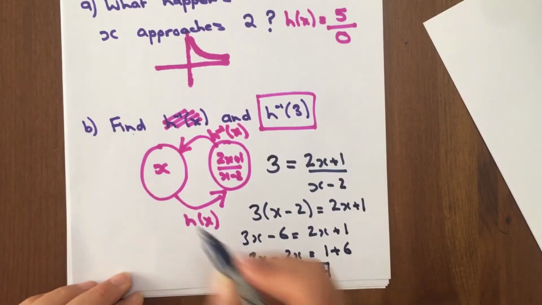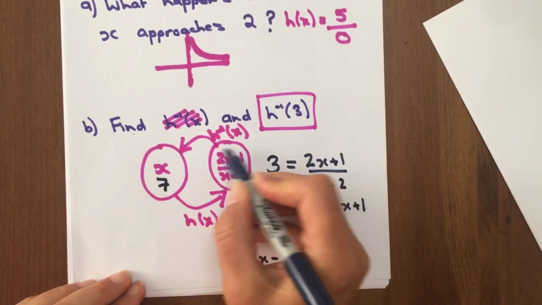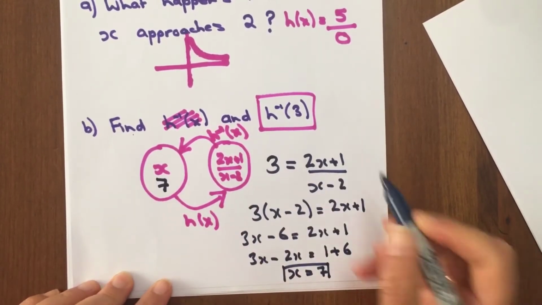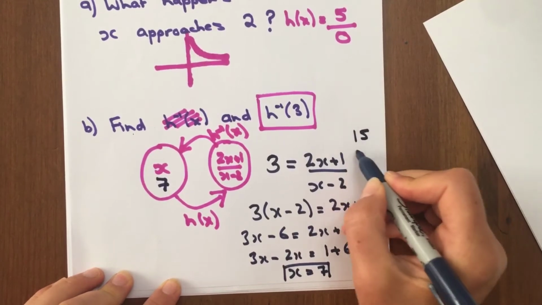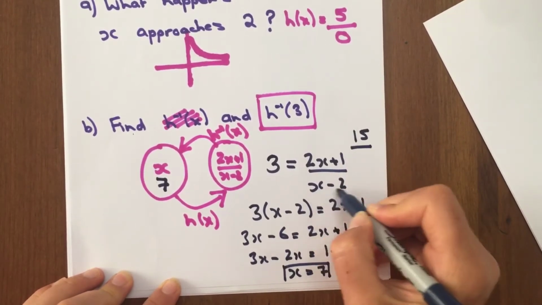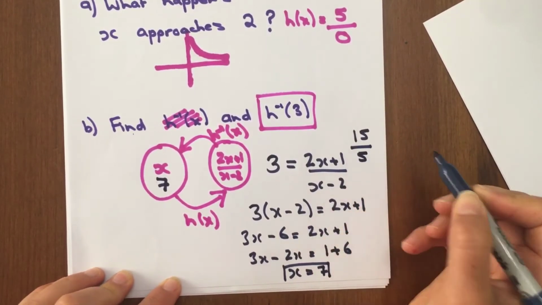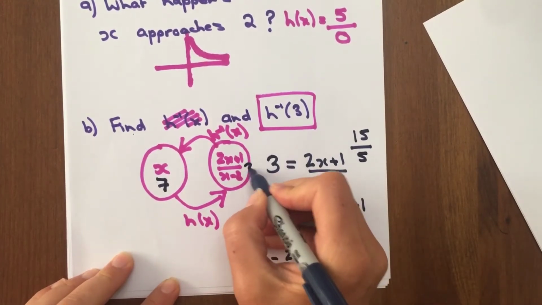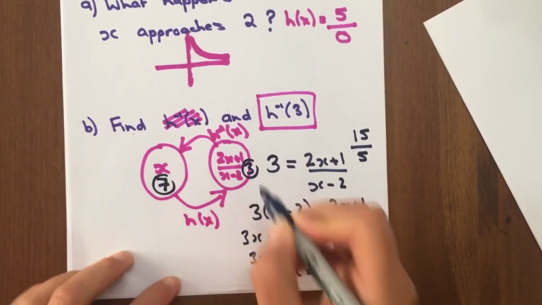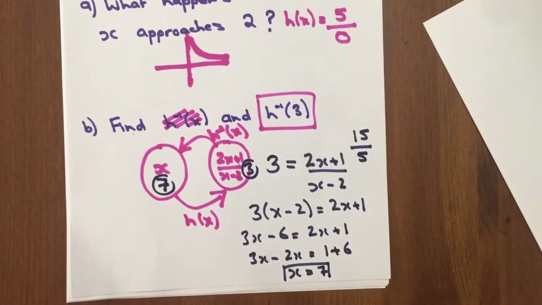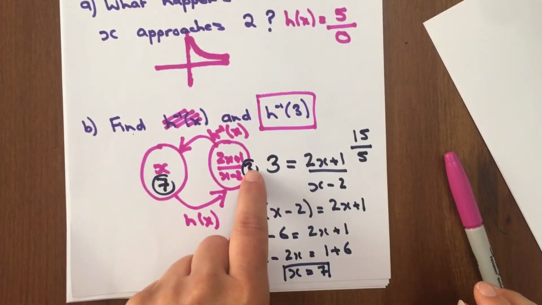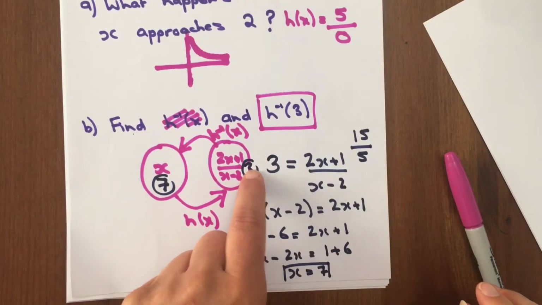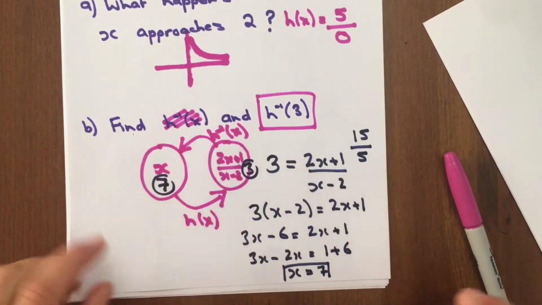Let's just check that: 14, I get 15 on the top, and I get 7 minus 2, 5 on the bottom, which gives me 3. So when 7 goes in, 3 comes out. The inverse function, i.e. if I put 7 into x, out will come 3.